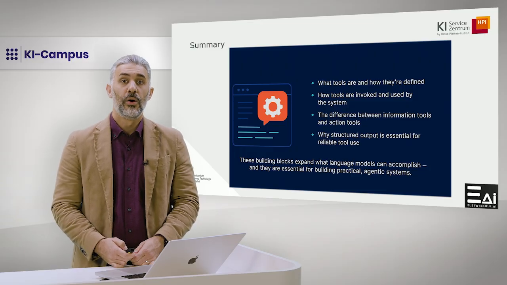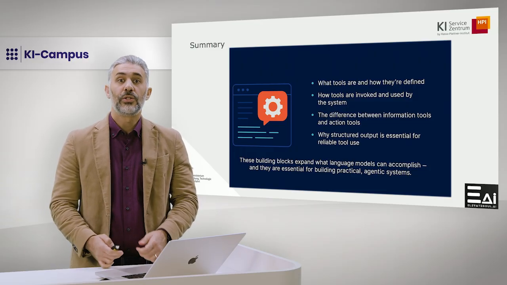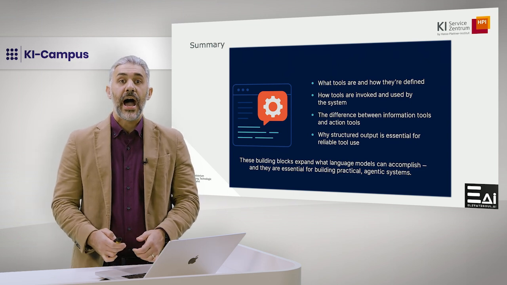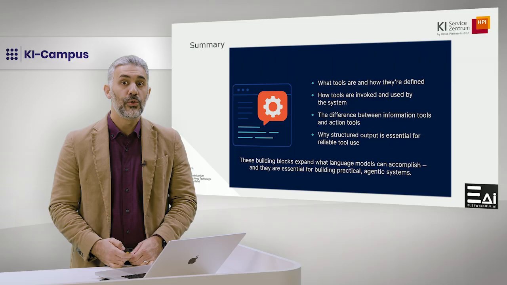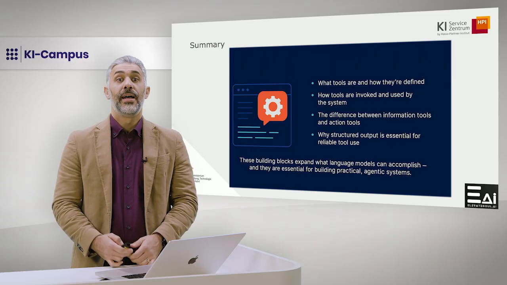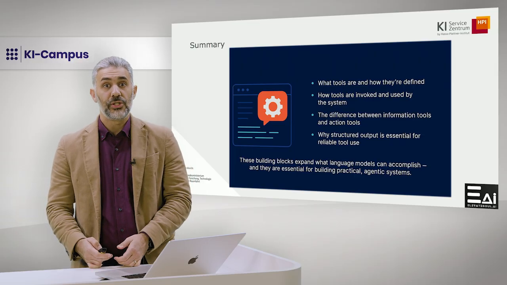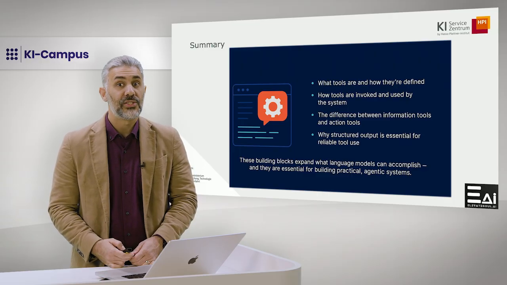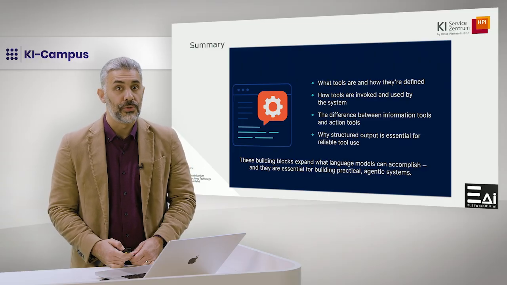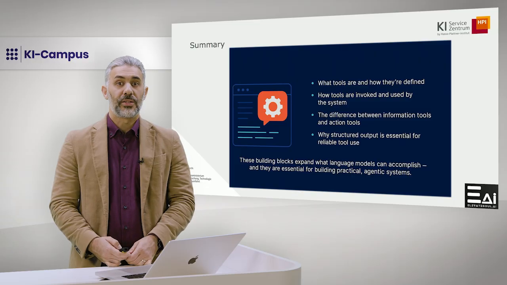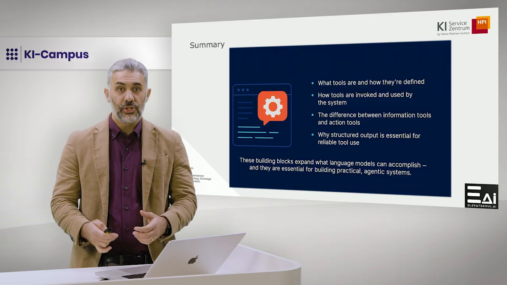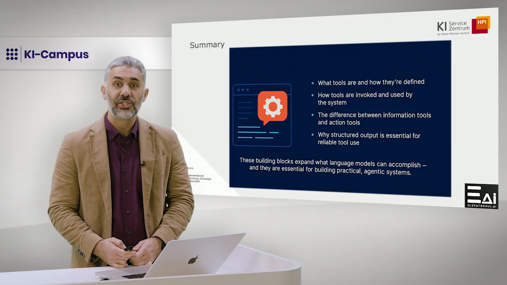In this video, we covered what tools are and how they are defined, how tools are invoked and used by the system, the difference between information tools and action tools, why structured output is essential for reliable tool use. These building blocks expand what language models can accomplish, and they are essential for building practical agentic systems.